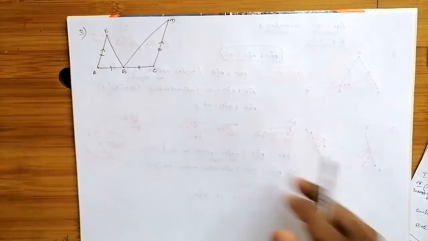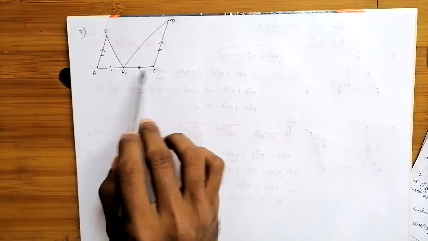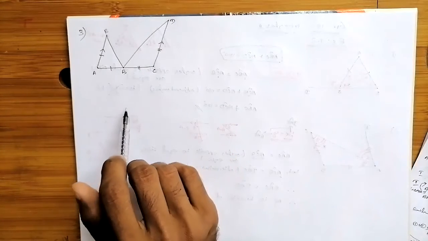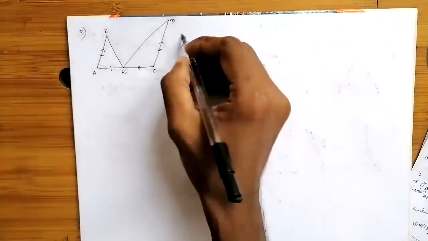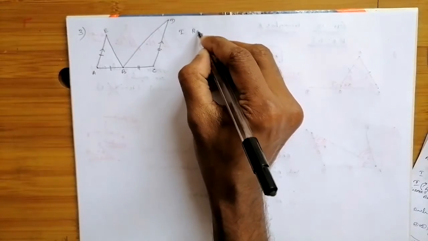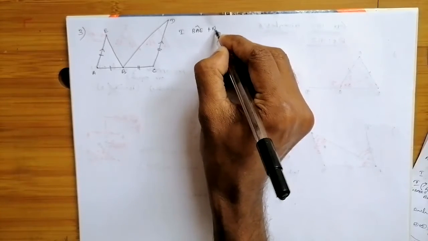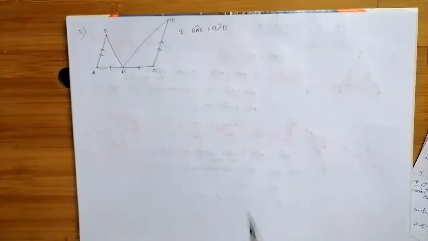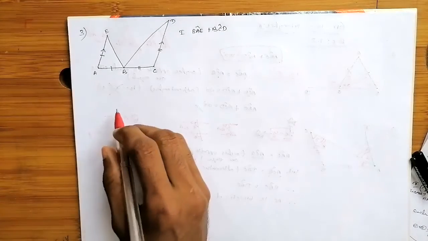The question says, in the given figure, ABC is a straight line. So this one is a straight line. Provide answers based on the given information. The first question they are asking: find the value of BAE plus BCD. So first we are going to indicate the angles.